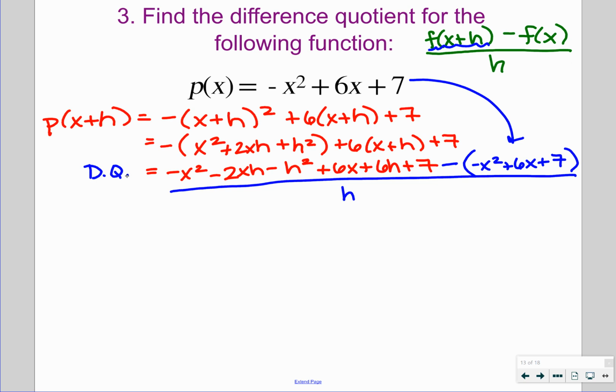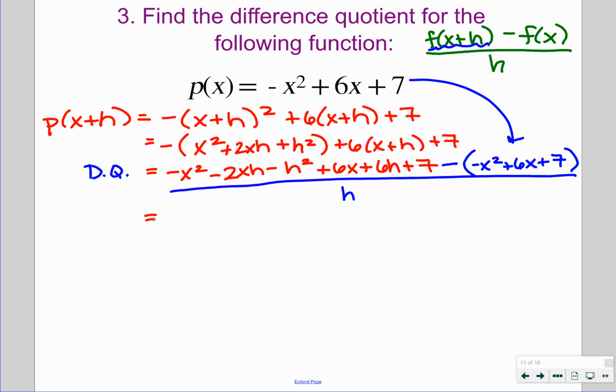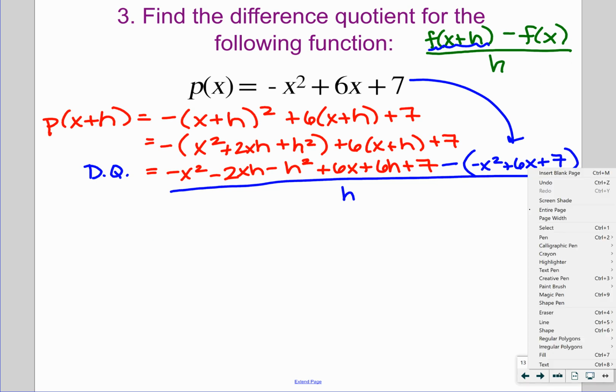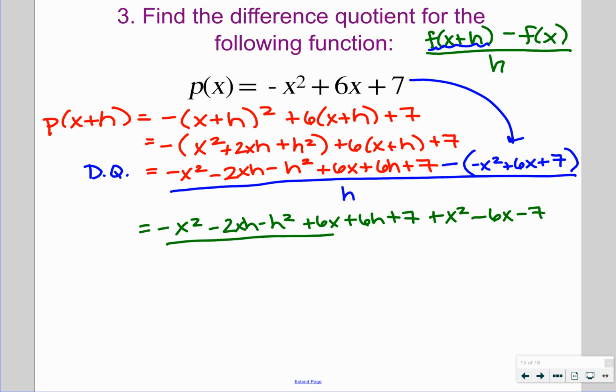First thing you're going to do to simplify is just distribute your negative through that second parentheses. So let me do this actually in a different color. That's going to look like negative x squared minus 2xh minus h squared plus 6x plus 6h plus 7 plus x squared minus 6x minus 7, all over h.